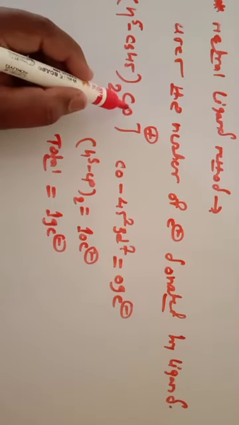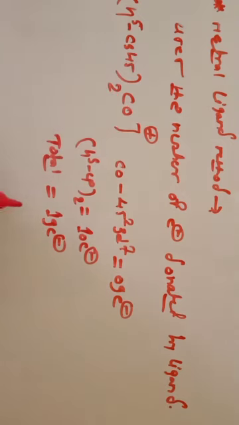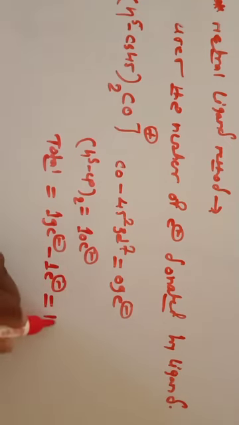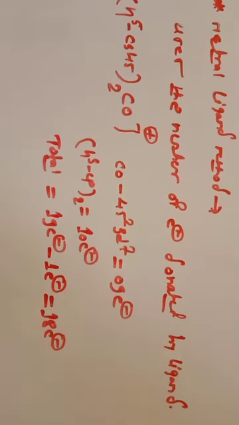This cobalt is in +1 oxidation state, therefore you have to subtract 1 electron from the total, and it becomes 18 electrons. So whenever there is a positive charge on the complex, you should subtract the electrons. When there is a +1 charge, you subtract 1 electron. When there is a +2 charge, you subtract 2 electrons.